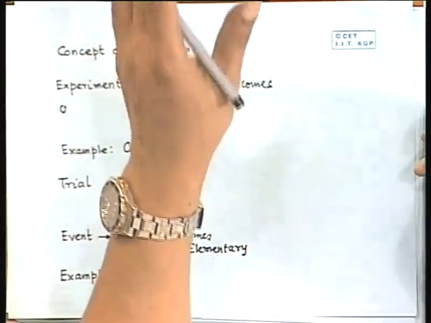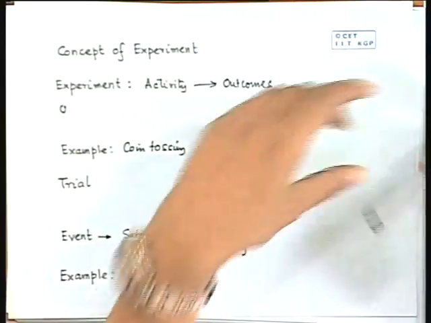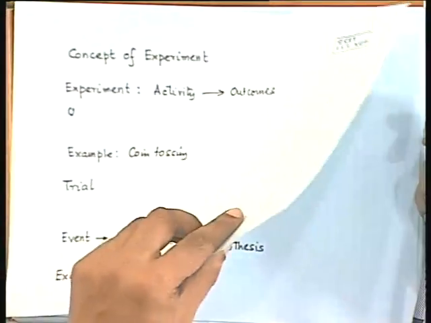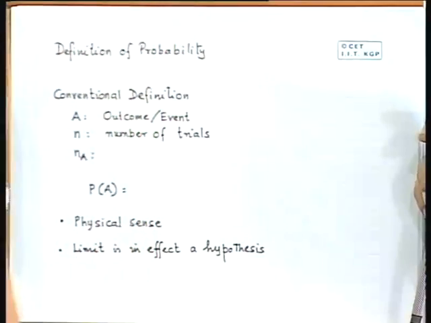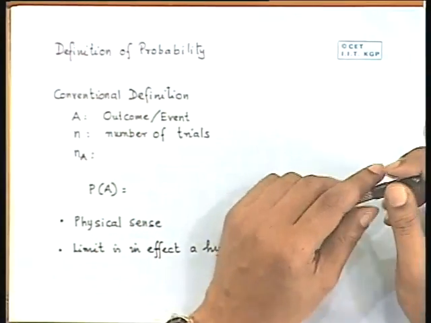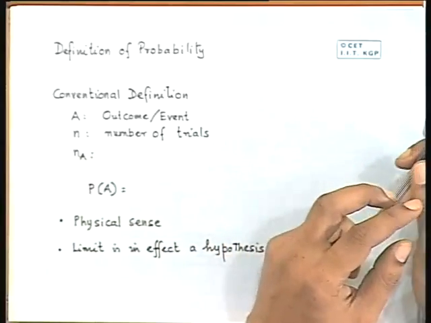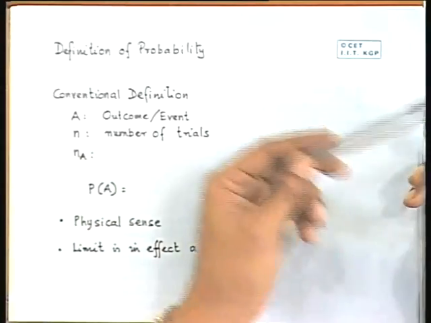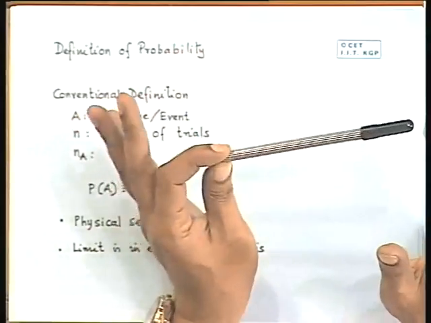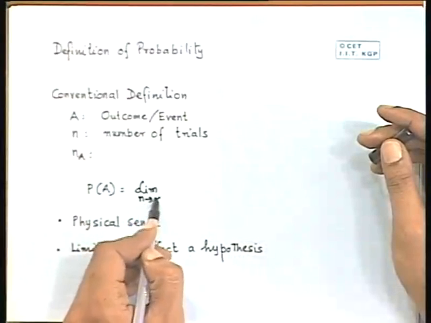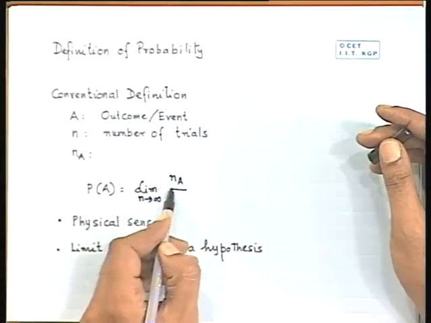So now, having understood the basic concept of an experiment, let us see the definitions of probability. We learned a definition in school, okay, which said that if you perform n trials of an experiment, and if you are interested in an event A, right, and if out of those n trials there are Na number of cases where A occurs, then probability of A is defined as limit of n tending to infinity Na by n.